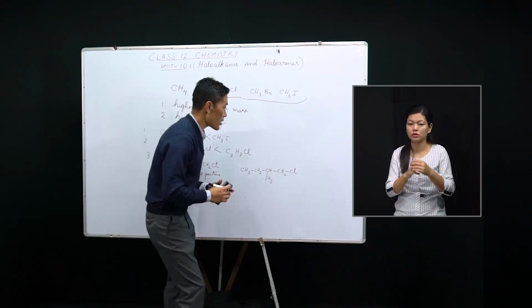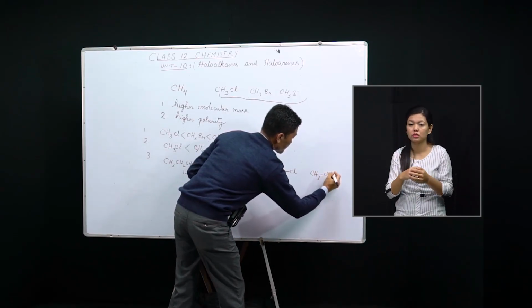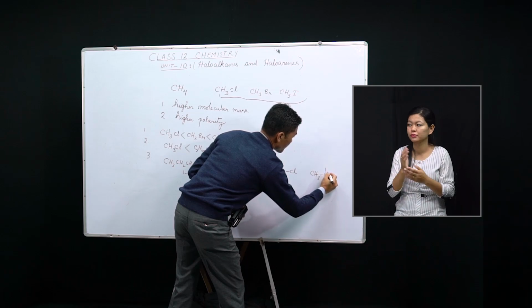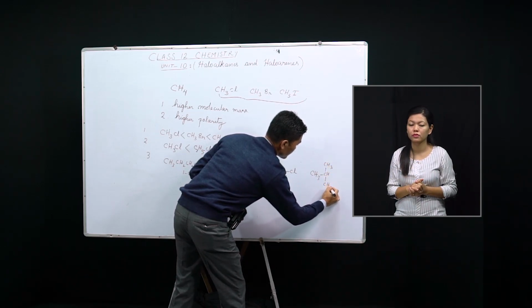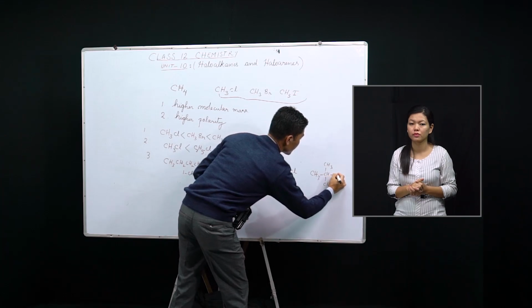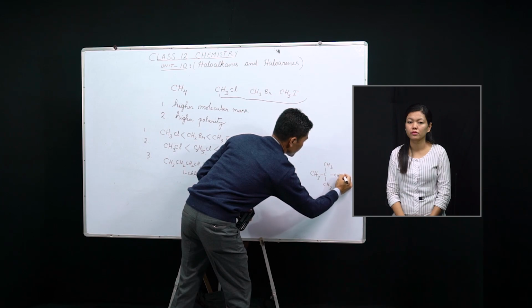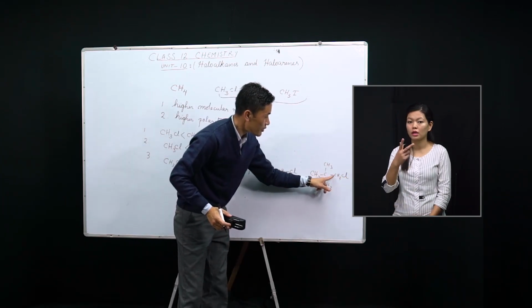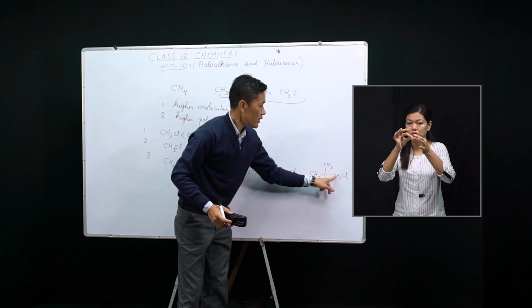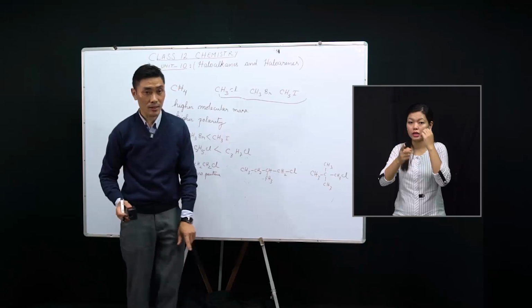Then in another compound, once again we have 1, 2, 3, 4, 5 carbon atoms and 1 halogen atom, but here branching has taken place on both sides.